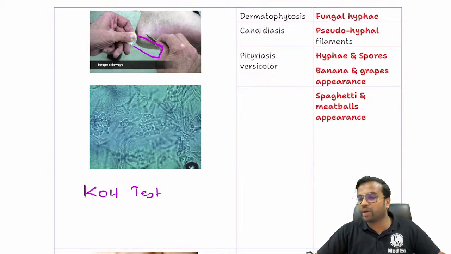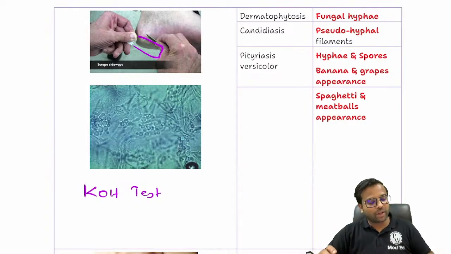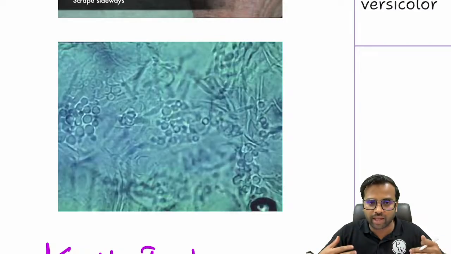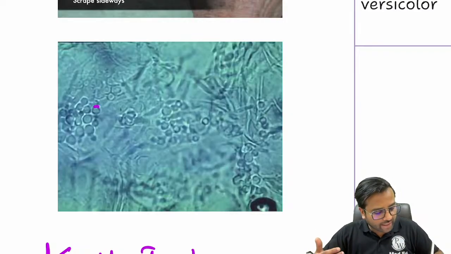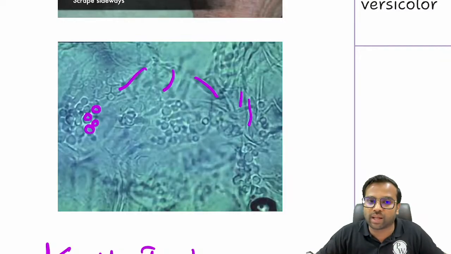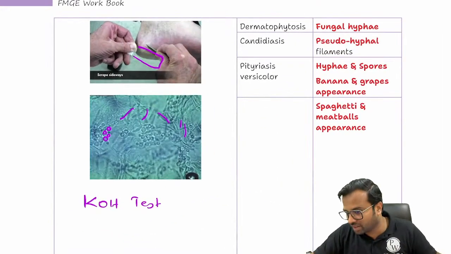So in this KOH test, even before anybody looks into the table, can you just focus on this KOH finding? Because for me, in this KOH finding, I can see some balls here, and I can also see some long strands of fungus as well. Any idea what is the disease in which you get this kind of a KOH finding?